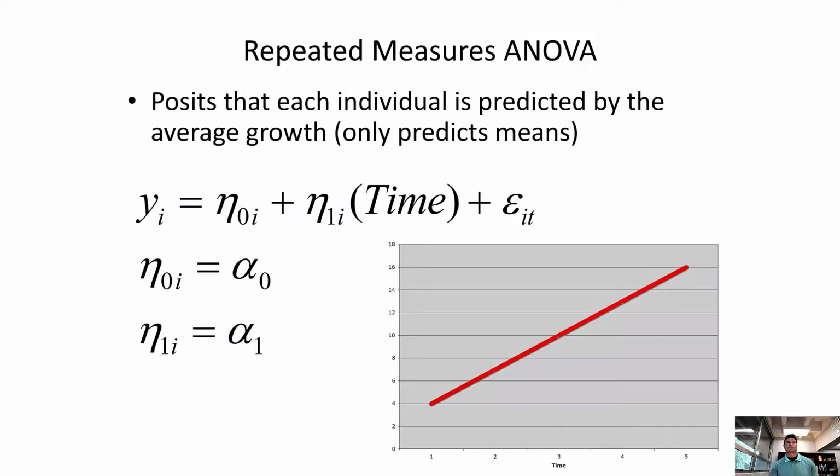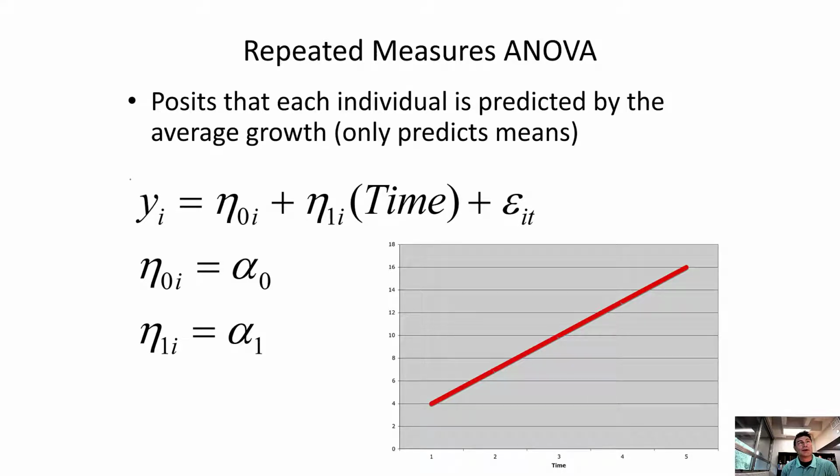So, all right, and what repeated measures ANOVA does is it basically creates an average line. And I'll just kind of show this in this formula, and I think this formula is actually useful. That's why I'm going to go into it.